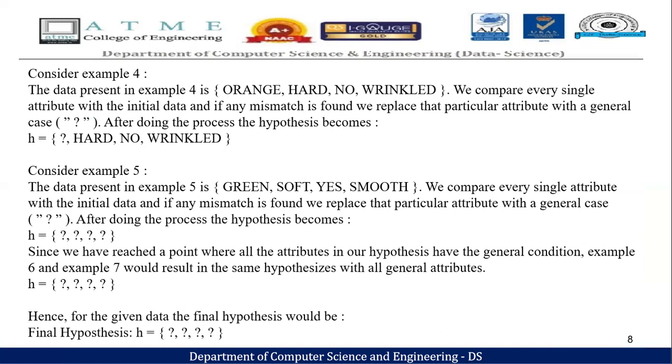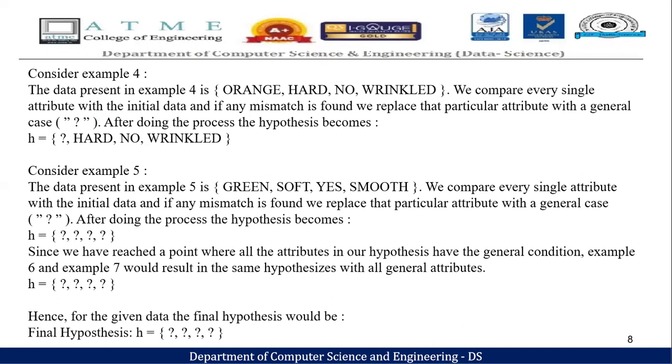The color is green and we have already replaced it with the question mark, so you can retain that. Next, you have soft and hard. Soft and hard are different, so we replace with the general value. Yes and no, replace with the general value. Wrinkled and smooth, replace with the general value.